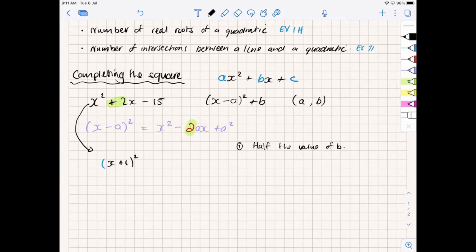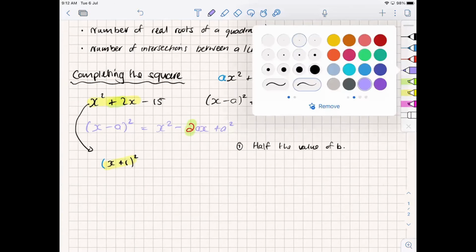Now, before we carry on, I'm going to do this in a different color. I'm going to show you that by doing this, without realizing it, we have created an extra figure. So if I take just this portion here that I've put in brackets, let's see what this expands back out to.